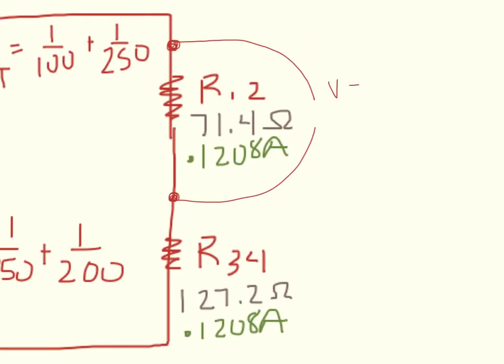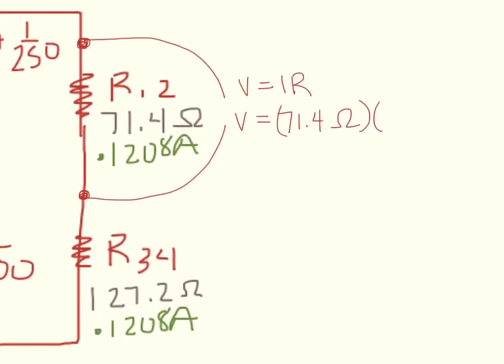We know V equals IR. So for this location, the voltage drop would equal 71.4 ohms times 0.1208 amps, and that voltage drop over resistor 1 and 2 would equal 8.625 volts.